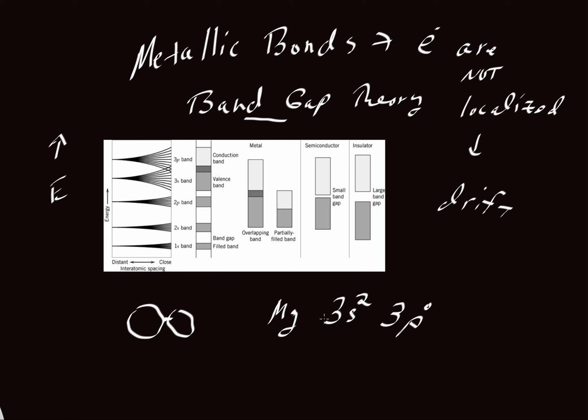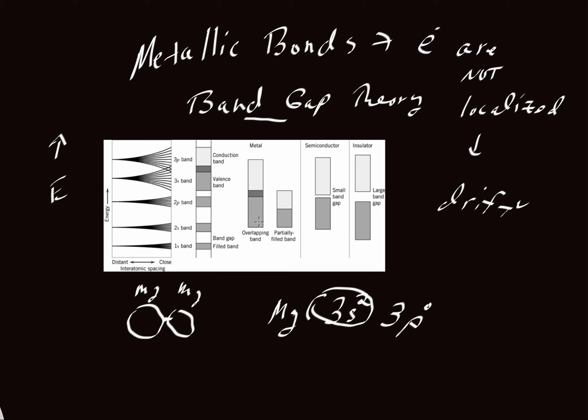But if you bring two magnesiums in close proximity to one another, now those energy levels in the p orbital become available. So you have an overlap. This is the valence band, so these are the valence electrons that are available for bonding. And they are going to be able to go into the p orbitals, and as they move around, it forms this conduction band. And that's what allows these electrons to drift.